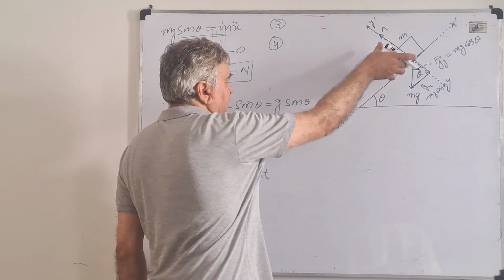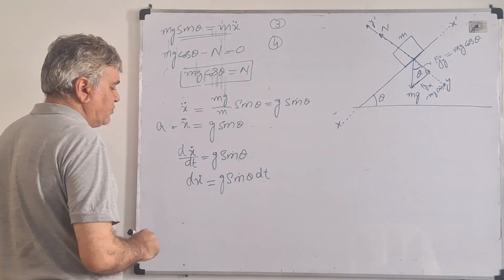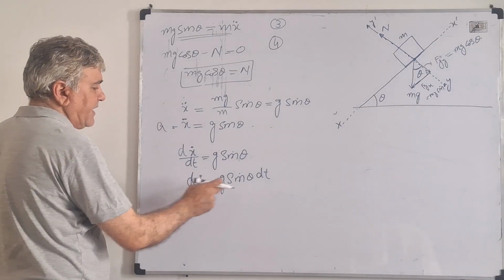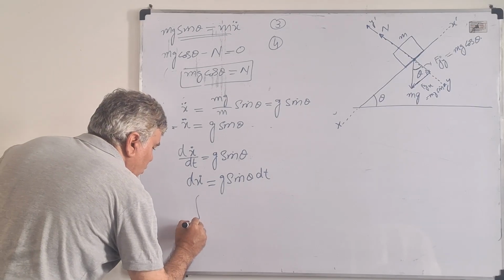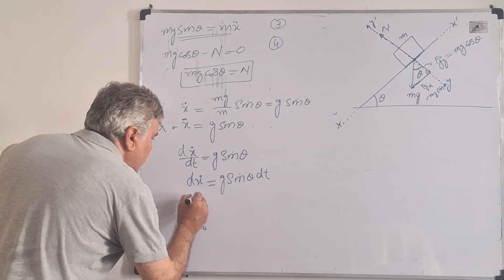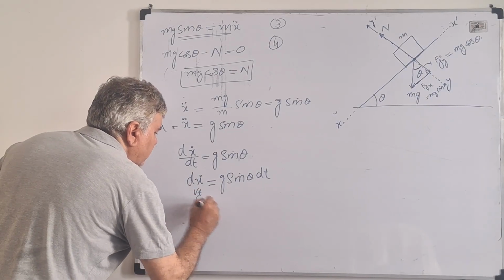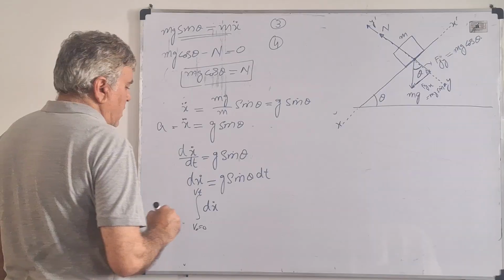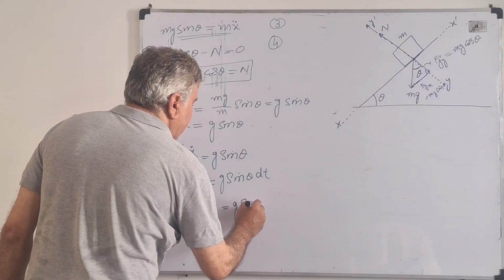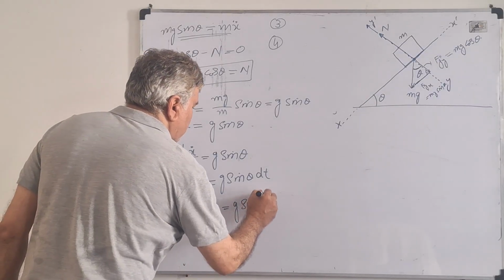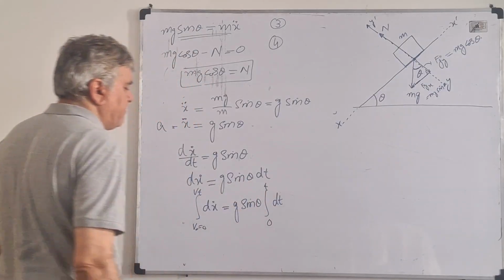The block is just starting motion. And at time t equals t, the velocity is vt. Then integrating this side and this side between the corresponding limits, I can write v naught equals 0 to vt dx dot equals g sine theta. Because g and sine theta are constant, I take t equal to 0 to t dt.